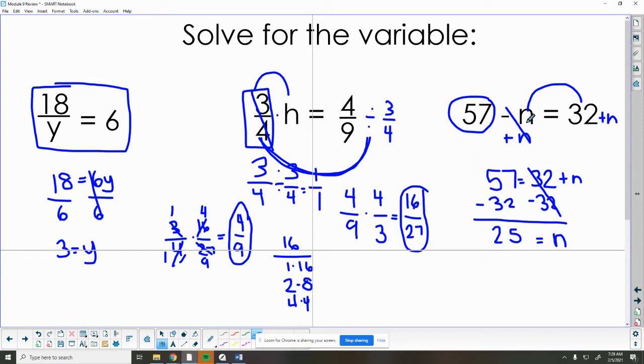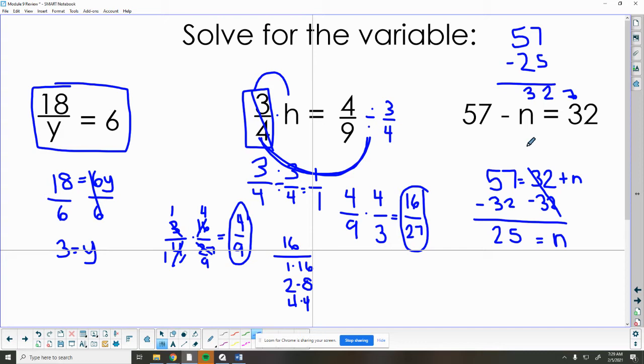So let's go plug this back in and see if this works here. Let me get rid of this so I can see my problem. So I have 57, and we're going to take away n, which is 25. So 7 minus 5 is 2. 5 minus 2 is 3. 32. So just think about, plug it back in.